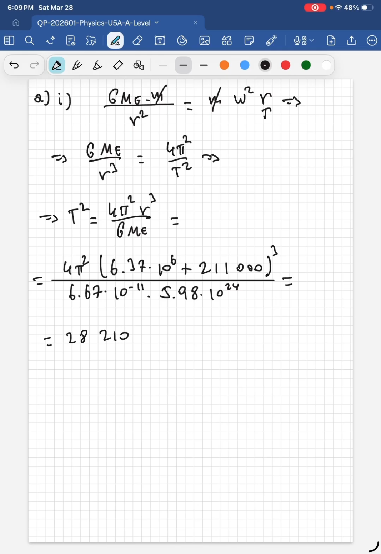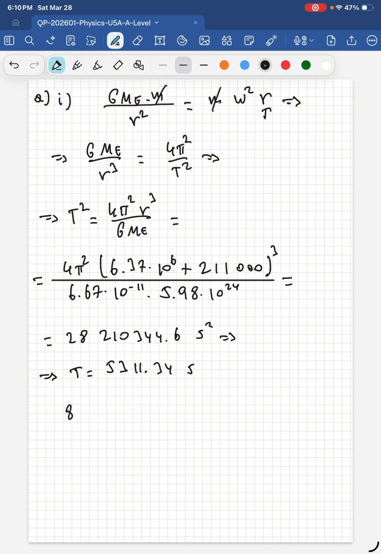28,210,344.6 seconds squared, and don't forget that we have to take the square root of this to find the period, which is 5,311.34 seconds.